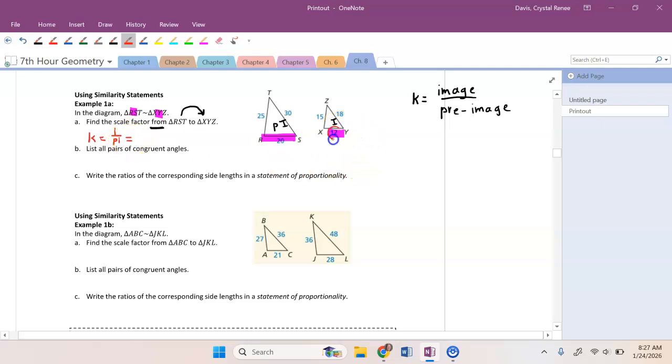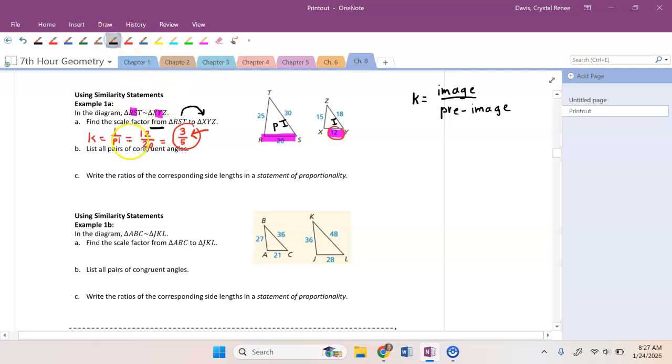Okay, well the image is right here, it's 12, over the pre-image, which is 20, and yes, we do want to reduce that. So what is that? 3/5, okay, or 0.6. Now remember, if the scale factor is bigger than 1, it's getting bigger. If it's smaller than 1, it's getting smaller.